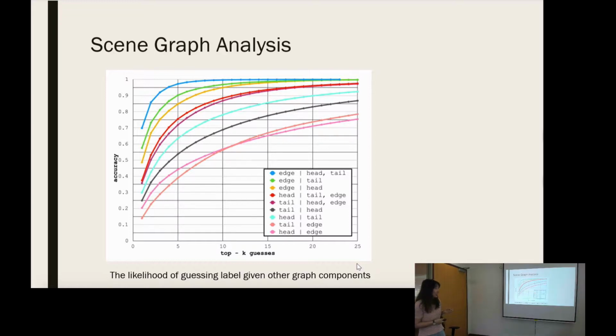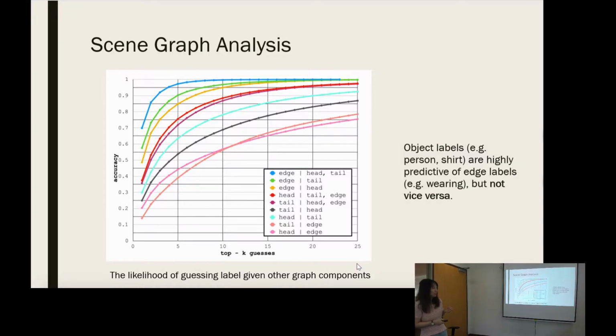This is the likelihood of guessing the label when we are given the other components of these relations. This is also very important. If we are given the object label, it's already highly predictive of the edge, but not vice versa. All of this tells us there is a global context within all kinds of scene graphs.